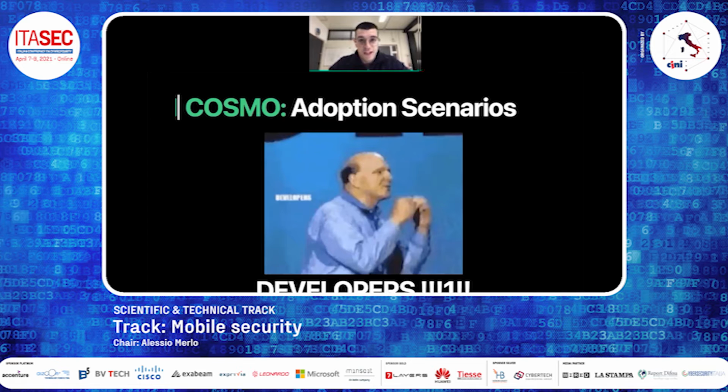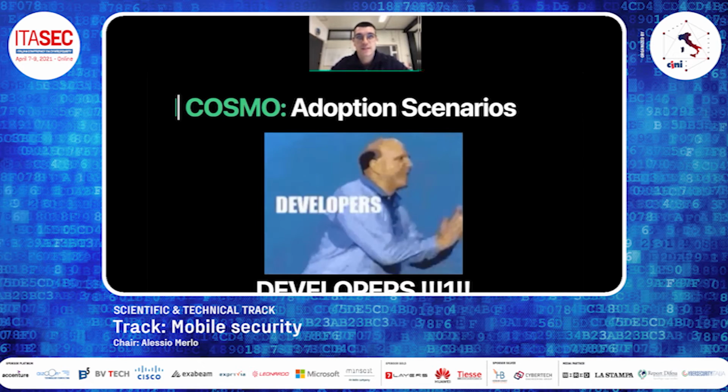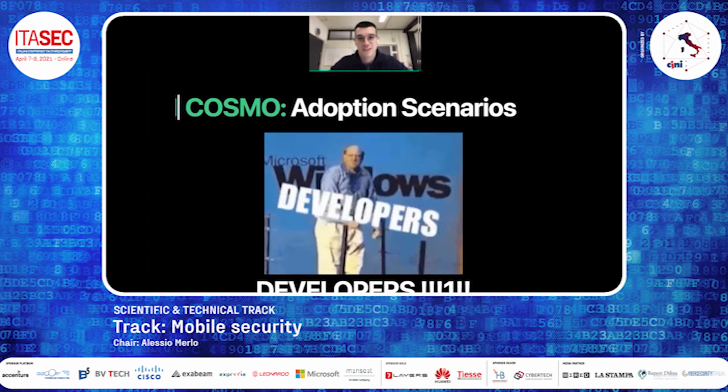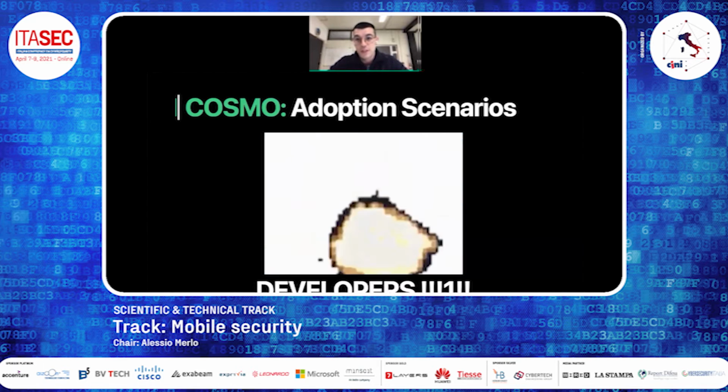Adoption scenarios. COSMO can assist developers during their apps testing phase, because by examining code coverage reports, the developers can write more effective tests. But also they can compare alternative automated test generation tools on their app instance.